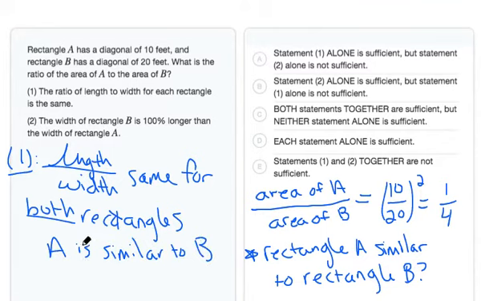And we said if we could show that rectangle A is similar to rectangle B, then we would be able to conclude this relationship of their ratios of areas. So that means that this statement is actually sufficient. We were able to show that.